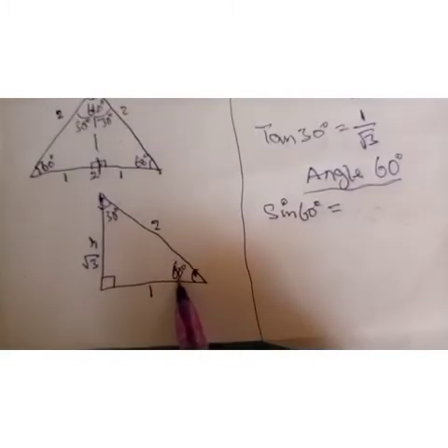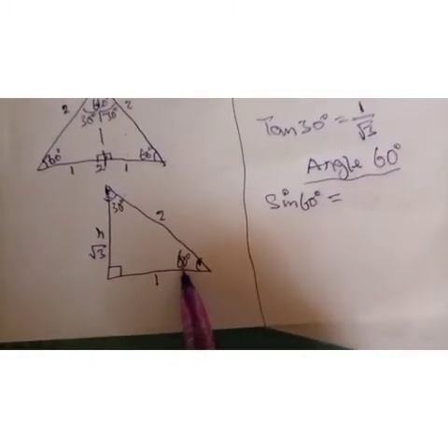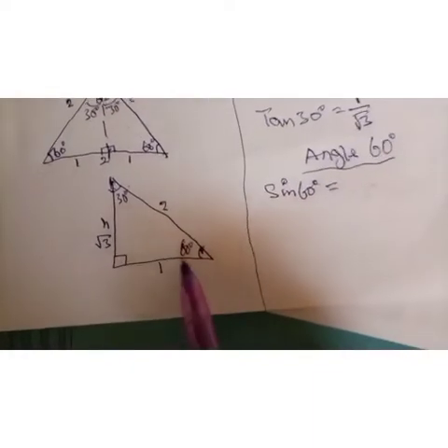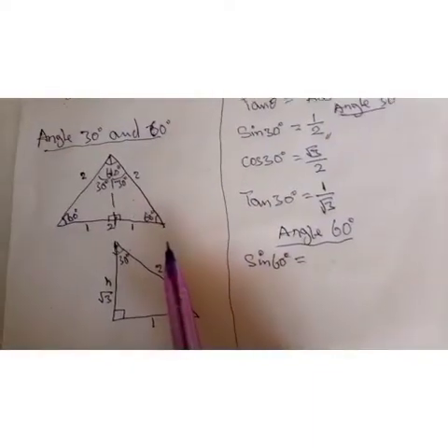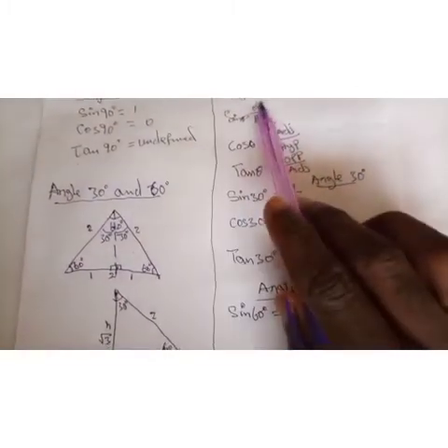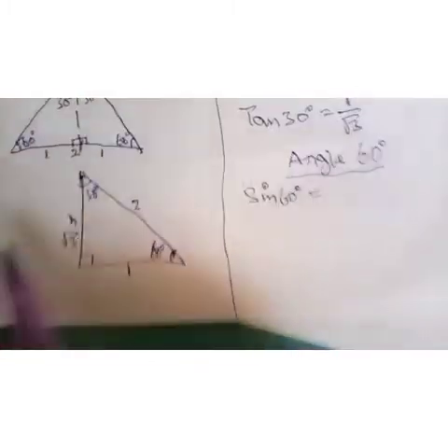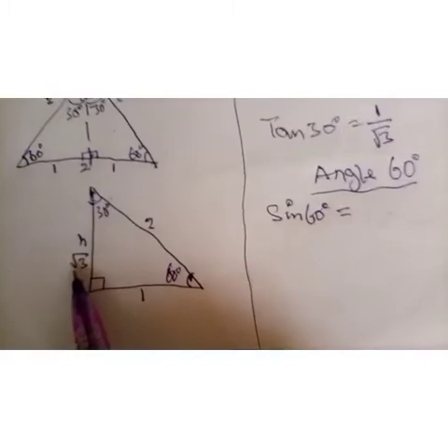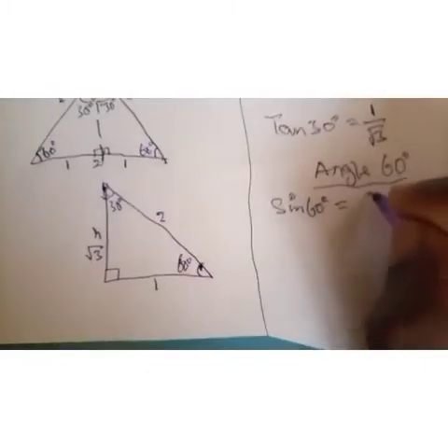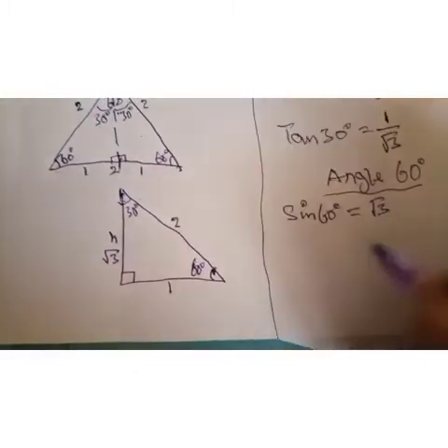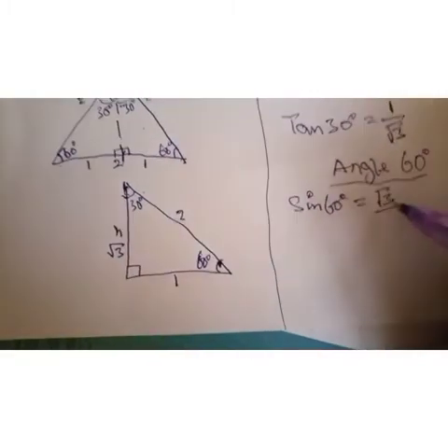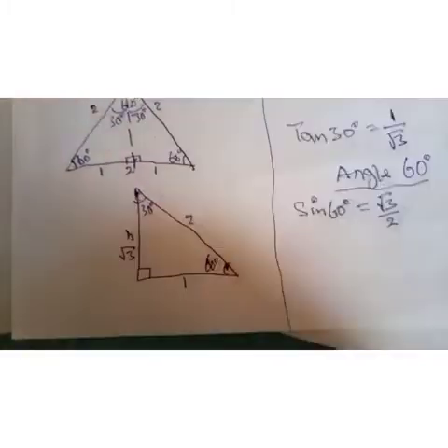So sine 60 degrees, sine says SOHCAHTOA, so that is opposite over hypotenuse. Our opposite here is root 3, so we say root 3 over hypotenuse, which is root 3 over 2.